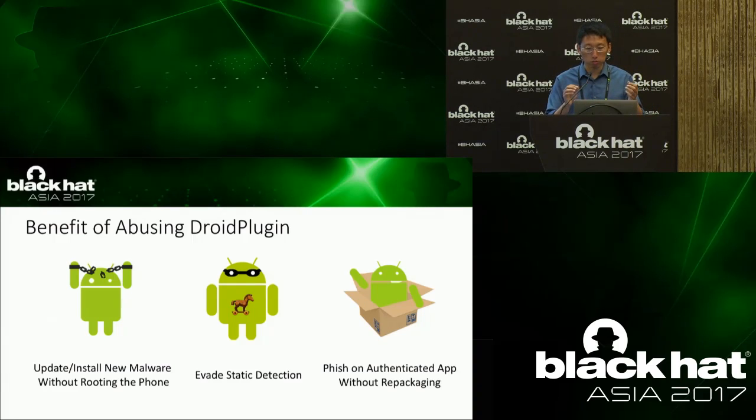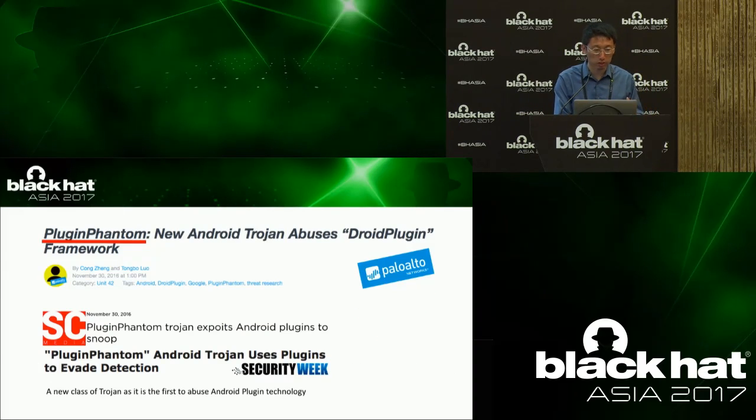The attacker can create a malicious host file and use the plugin technology to load the authentic victim app dynamically without repackaging it. And by doing this, they can put the malicious code in another plugin or in the host app to steal the user's input and other credential information.